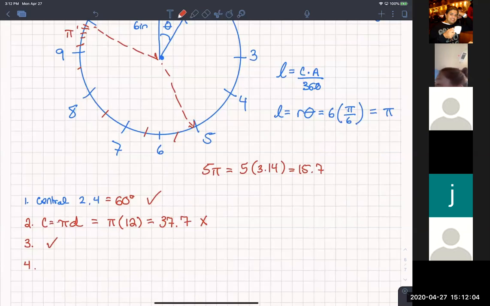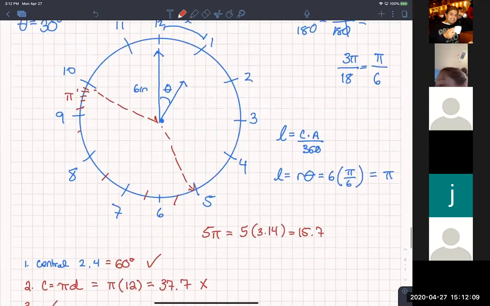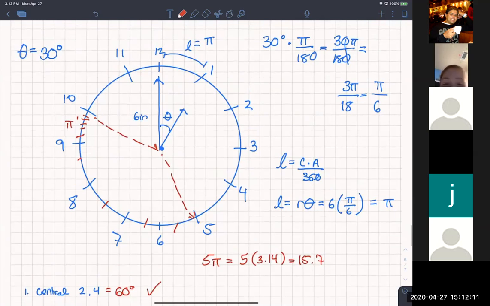The minor arc measure when one hand points at 1 and the other points to 9 is 150. You do the math. 9 times 30, I'm going to do this one in my head. 9 times 3 is 27.